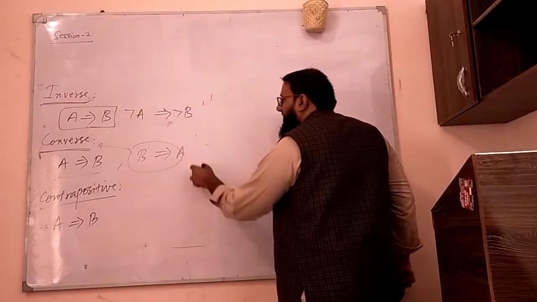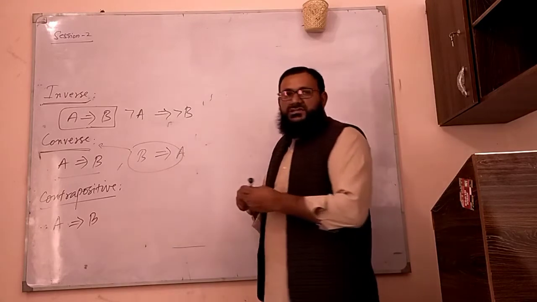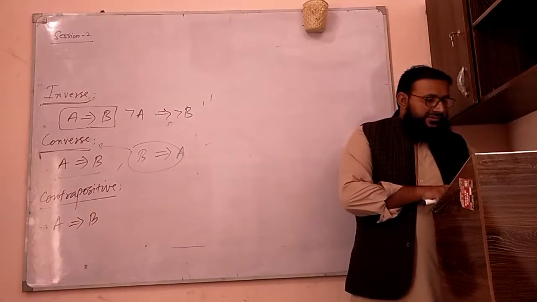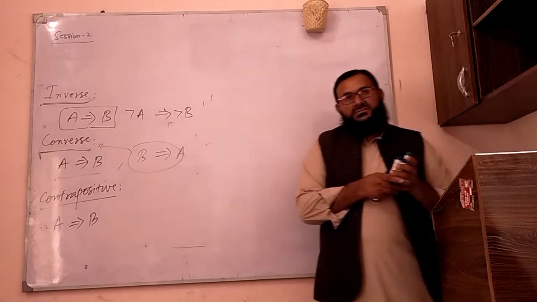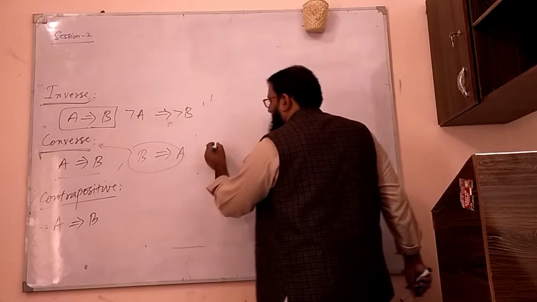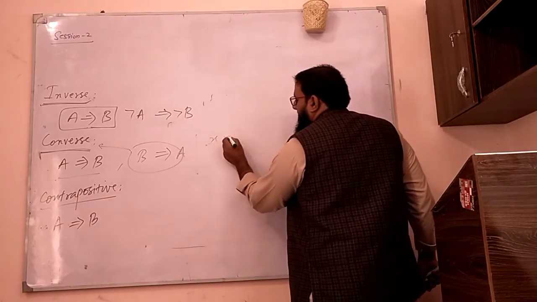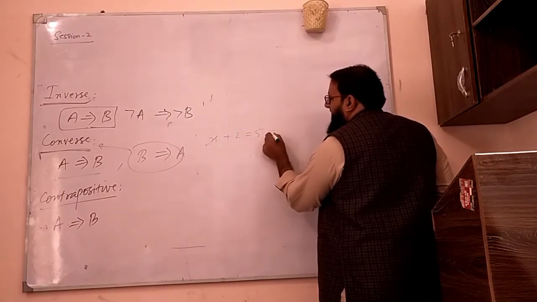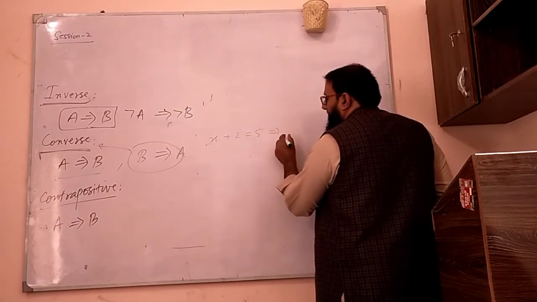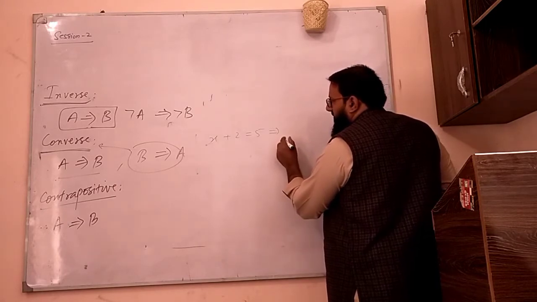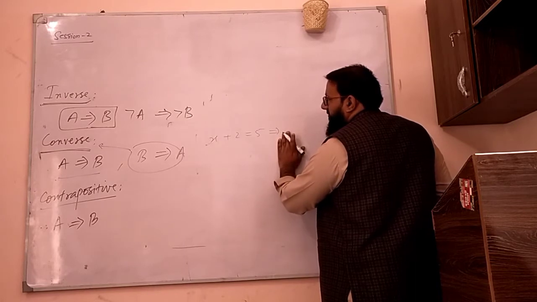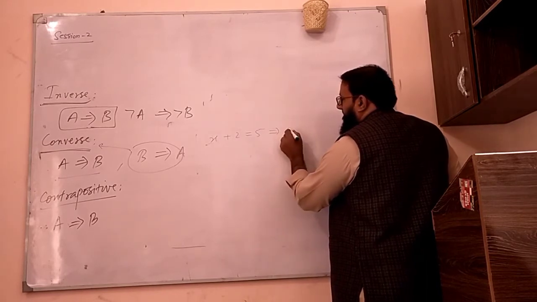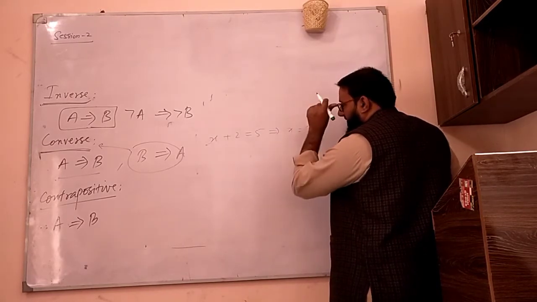On the fundamental level, mostly the statements are true, but when you go to some advanced level, they might be true or false. There is no guarantee for them. For example, x plus 2 equals 5 implies x equals 3.